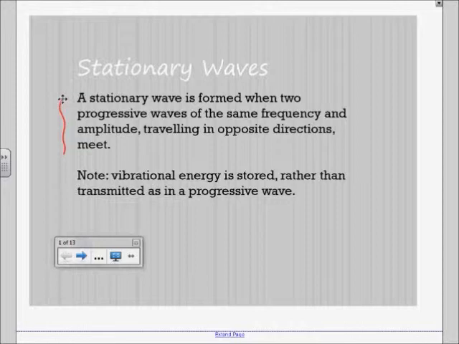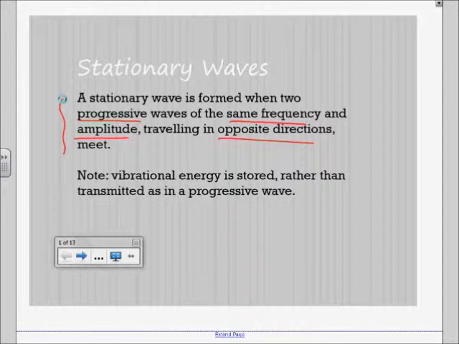It's formed when two progressive waves, so that's waves that are traveling, they have to have the same frequency and ideally the same amplitude, and they must be traveling in opposite directions. So a stationary wave is formed when two progressive waves of the same frequency, same amplitude, traveling in opposite directions meet.